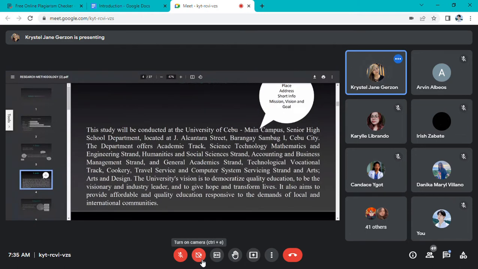So of course your locale is the University of Cebu, and you just need to mention the address of the University of Cebu. The correct name of our school is not UC Pry, but University of Cebu Main Senior High School Department.